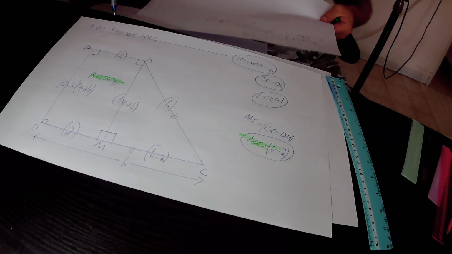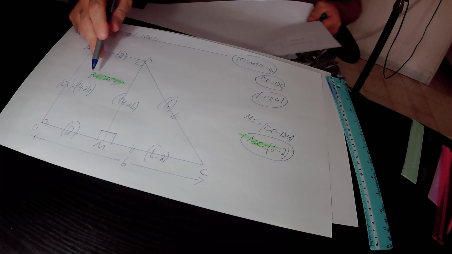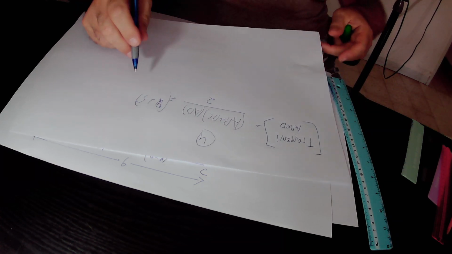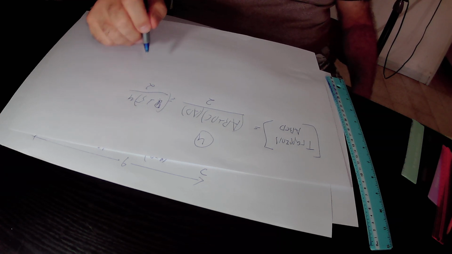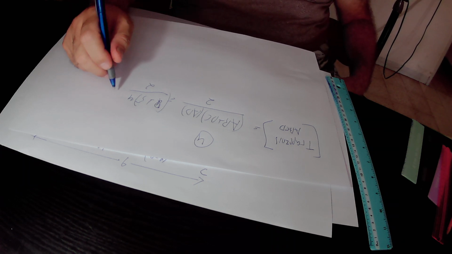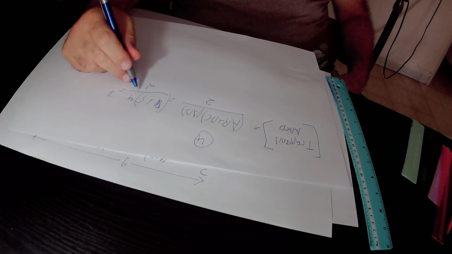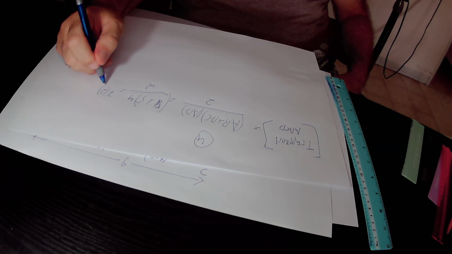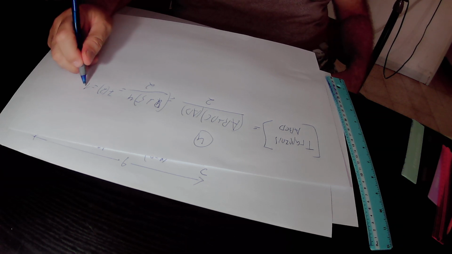And the height AD is 14 minus 10, that is 4, divided by 2. So in total, the area of ABCD equals 7 times 4 over 2, and 4 over 2 is 2. So the area equals 7 times 2, that is 14 square units.